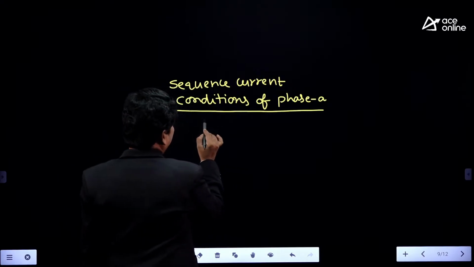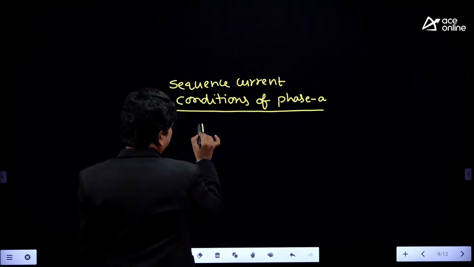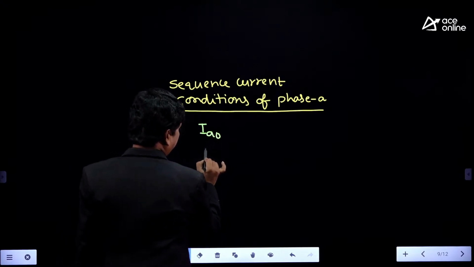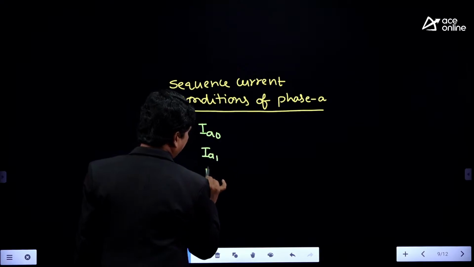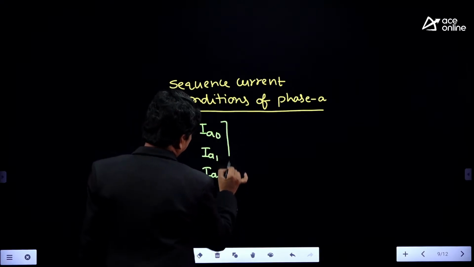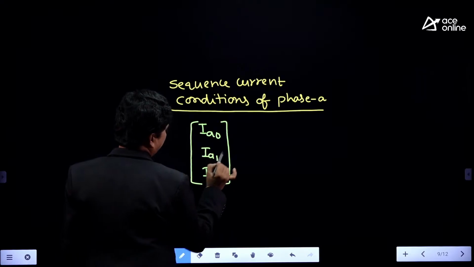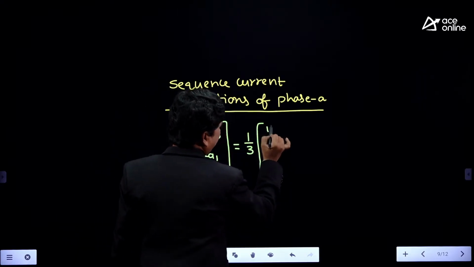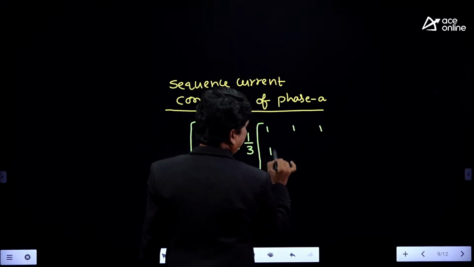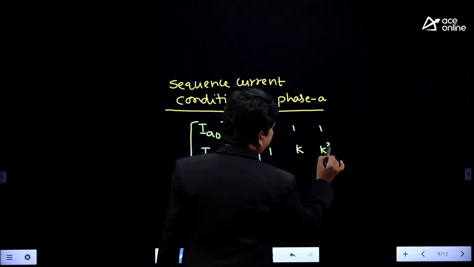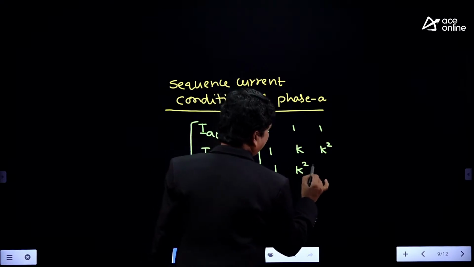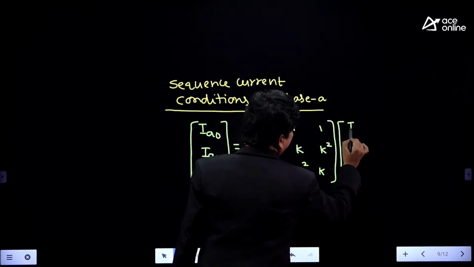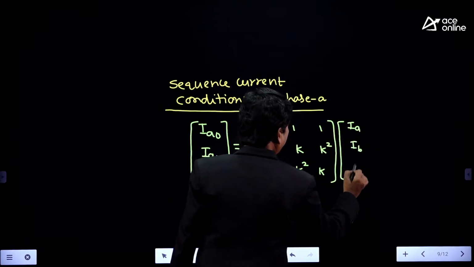If you see here, we are having the sequence currents IA0, IA1, IA2 is equivalent to 1 by 3 times of the matrix 1 1 1, 1 k k square, 1 k square k, into IA, IB, IC.